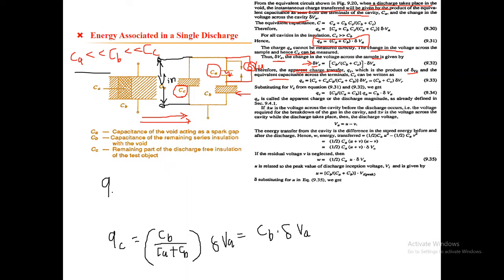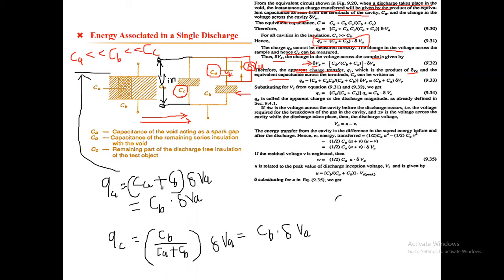So QA is given as Ca plus Cb into delta Va. Again, if we are considering this relation where Ca is very small, it will reduce to Cb into delta Va. So here now you can see that this QA and QC both are same.